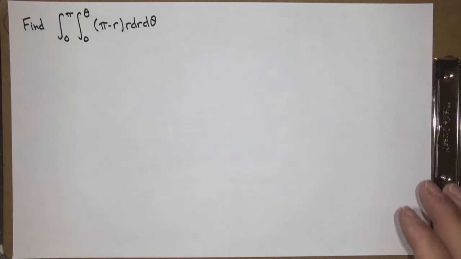So, here's the problem. Find the integral 0 to pi, integral 0 to theta, of pi minus r, r dr d theta. So, you might look at this and say, this kind of feels like doing the same thing that we were doing before. Namely, we want to integrate, and we have 2 layers.